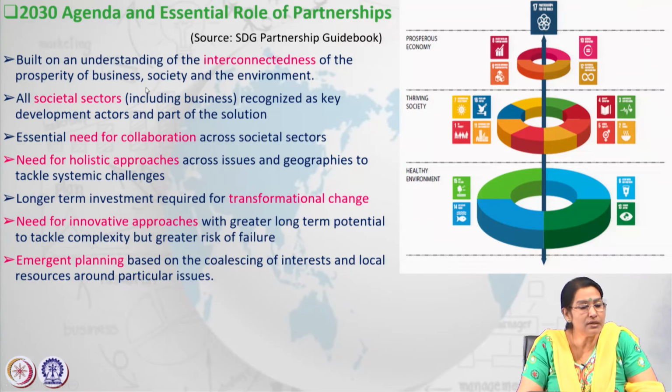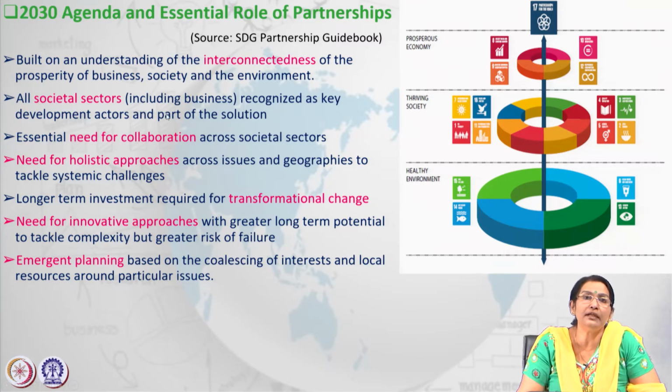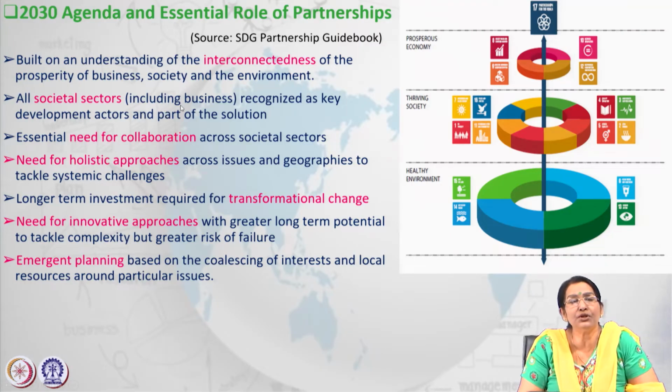So, what are the focus areas? We have to internalize and realize that all these sectors, like business, society, environment, health and prosperity, are interconnected. So, there is the interconnectedness of all these SDGs. Social sectors including the business sectors are recognized as key development actors, because everything depends on education, human resources and financial resources.